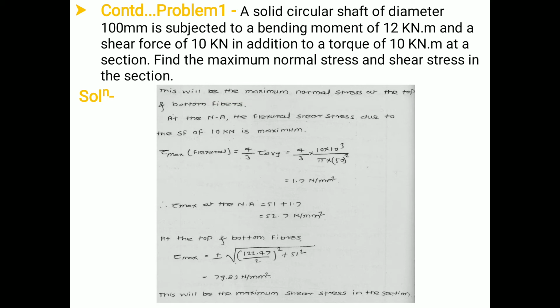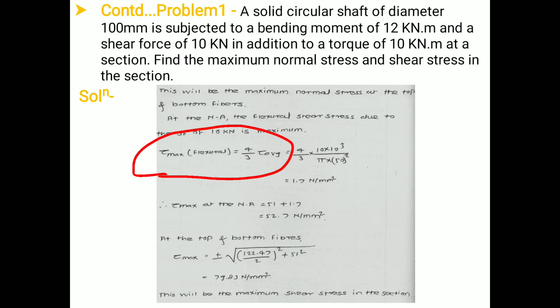Now in the numerical the value of shear force is also given. Therefore at the neutral axis the flexural shear stress due to the shear force of 10 kilonewton is maximum, and that can be given by tau maximum is equal to 4 by 3 of tau average. This is the formula for the circular cross section.